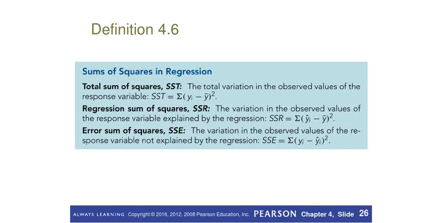And there's also something called the error sum of squares, which is the variation, the actual difference between the actual value and our line, our actual error. Our job, as statisticians, is to minimize that sum of squares of error. When we have that minimal sum of squared errors, we have the best fit line. So that's what we're doing.